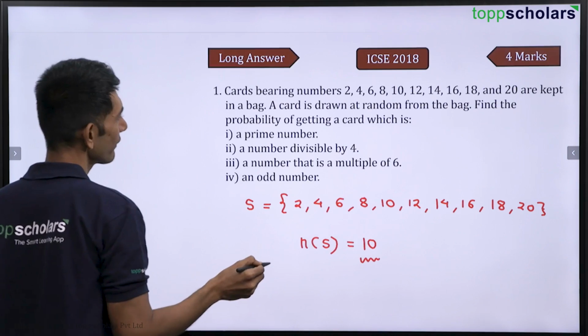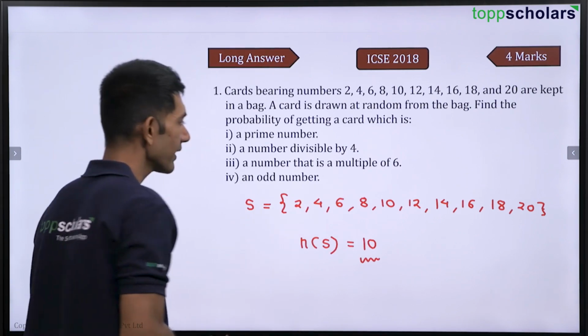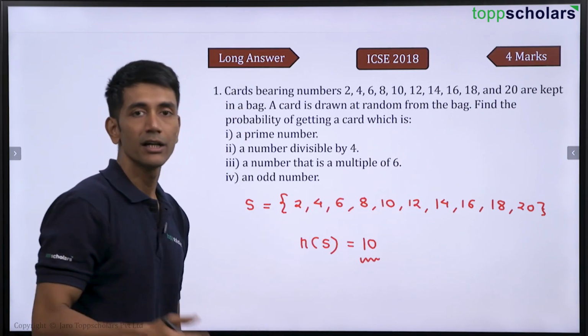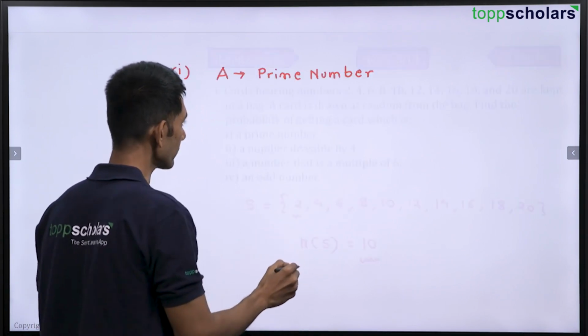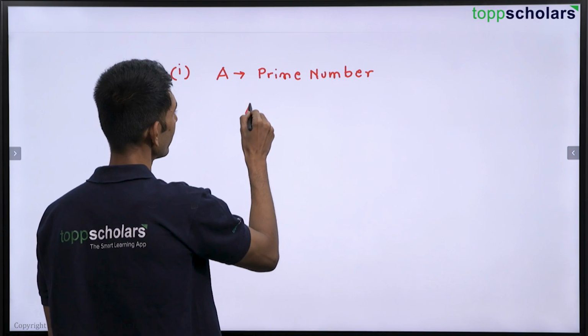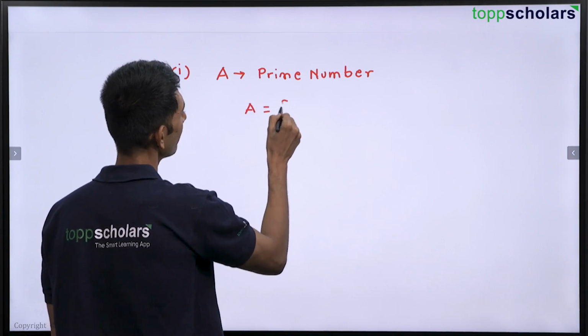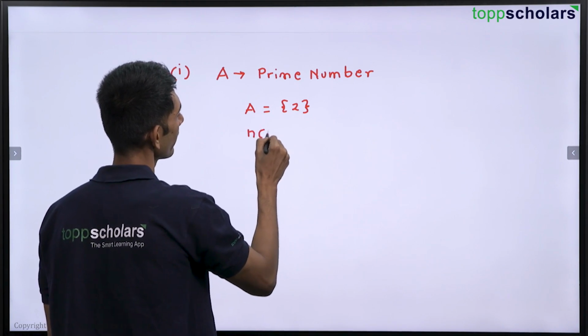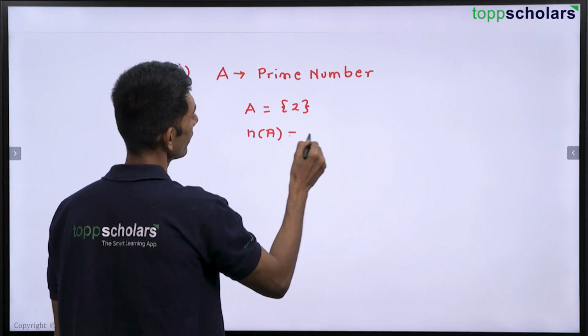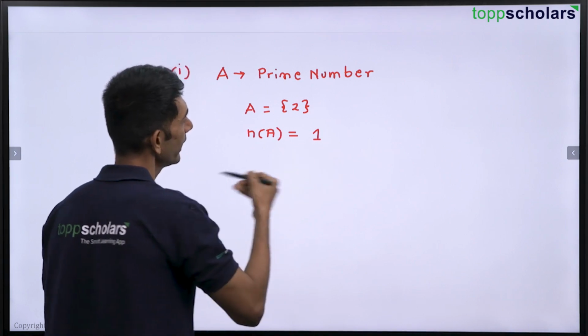From all these numbers, which are the prime numbers? 2 is the only prime number. So in event A I'll have only 2, and n of A is 1.